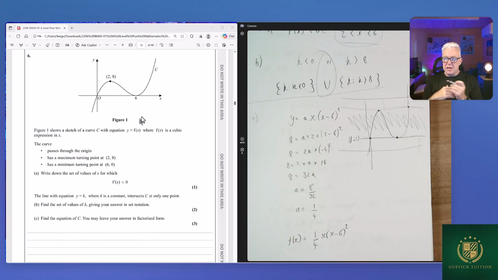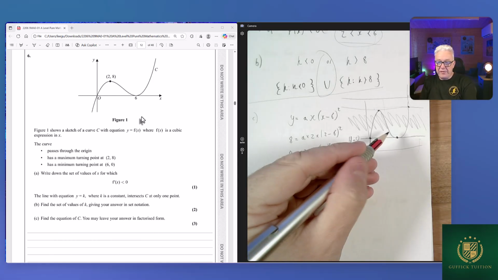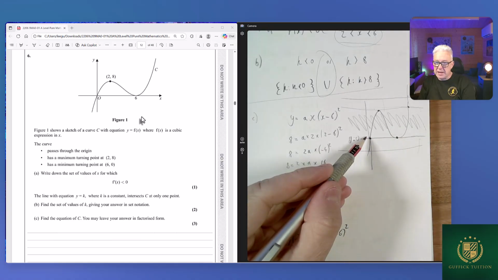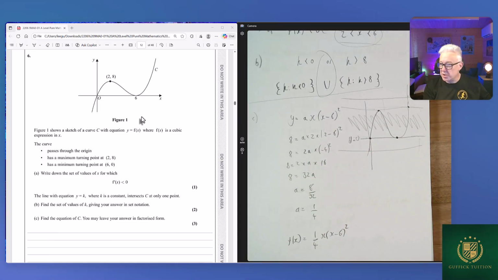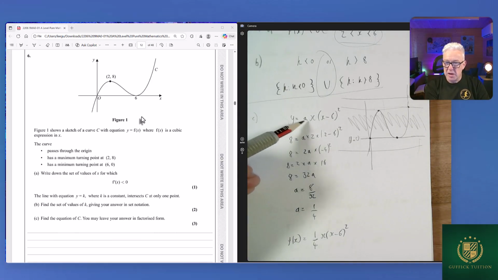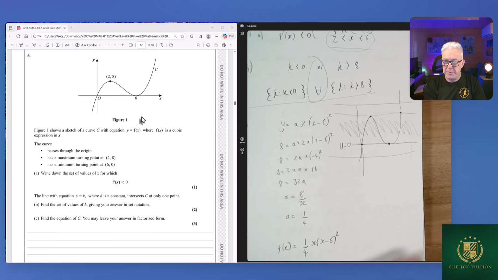Now, the only thing we need to compensate for is that there might have been some scale factor parallel to the y-axis. Remember, if you have a stretch parallel to the y-axis, it doesn't affect the points that lie on the x-axis, so it's not going to change our solutions. So we need to write in an a in the front to compensate for the stretch of some scale factor parallel to the y-axis.